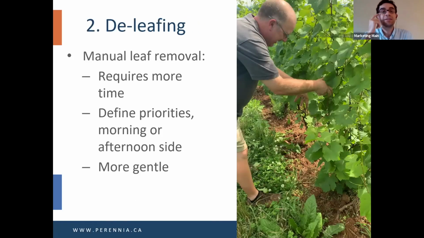So de-leafing can be manual leaf removal, which requires a little more time, and it's important to define priorities, or it can be the morning or afternoon side. One recommendation could be starting with the morning side. Why the morning side?